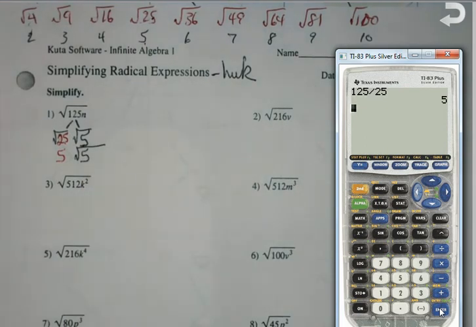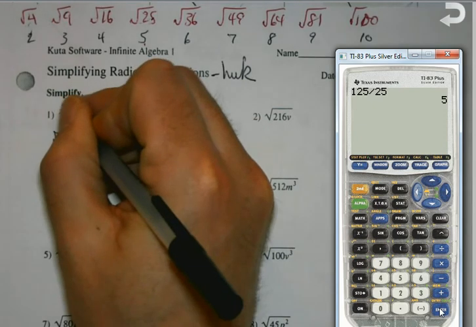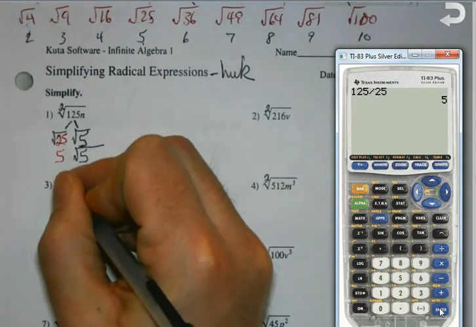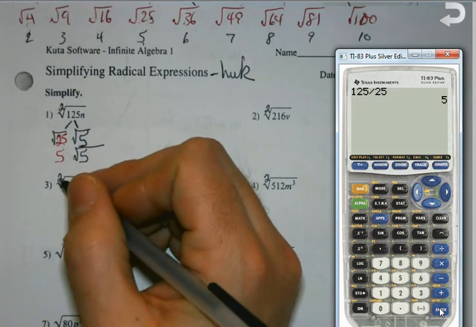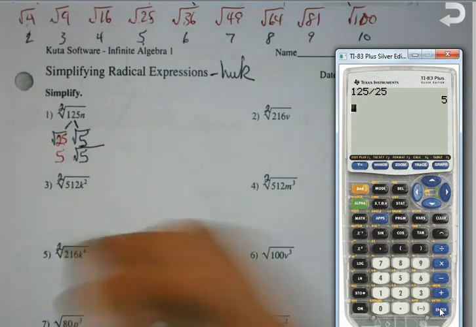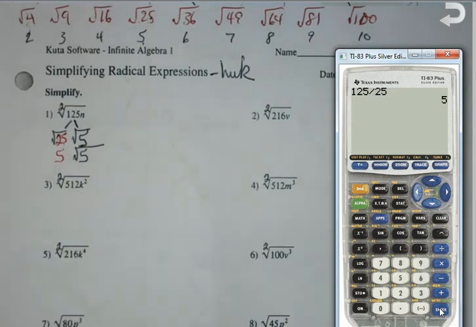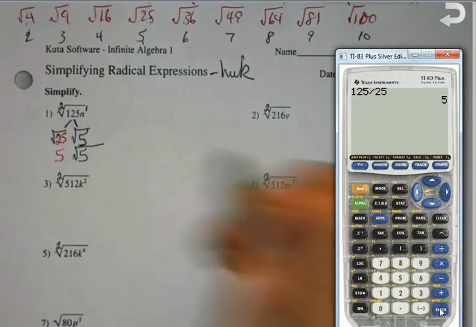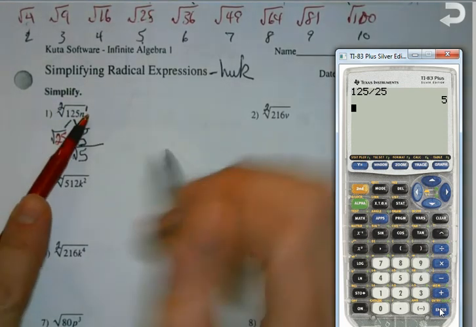Now, the one other thing we talked about yesterday was how do we deal with the variables. So here's how the variables work. If you don't see a little number out here, this is called a root. Since these are square roots, that number is going to be 2 every time. And that's important when we get to working with the variable part. So, here, what I'd ask myself is, how many times does 2 go into the exponent?